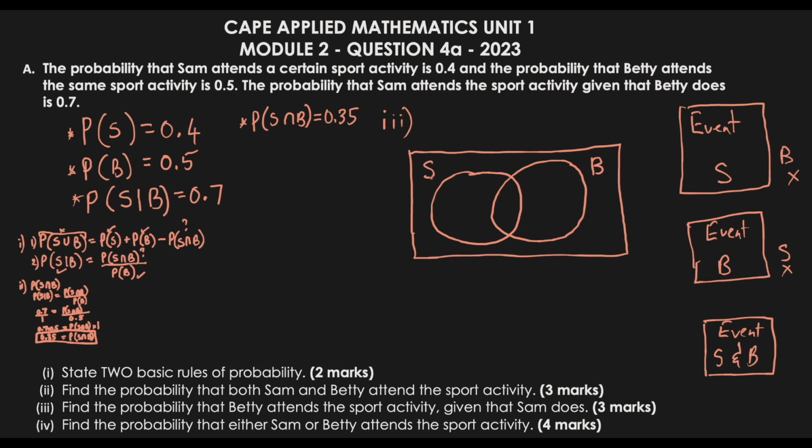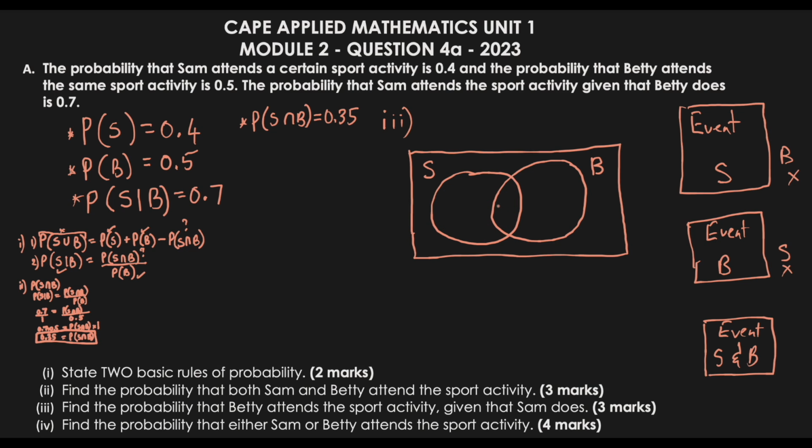Now, if I'm looking at the probability of Sam, this entire circle here, it represents 0.4. However, we know that the inner part here, or the intersection, represents 0.35. So then, if that's going to be 0.35, we need to figure out what the section here that's Sam alone would add up to be. So, if the entire thing is 0.4, that must mean that this section here would be 0.4 take away 0.35, meaning taking away the inner part that we have inside here.